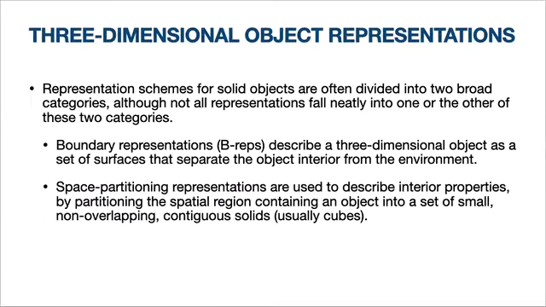So this is a broad classification of object representations. The different object representations may not fall neatly into one or the other of these two categories, but broadly you classify it as boundary representations and space partitioning representations.